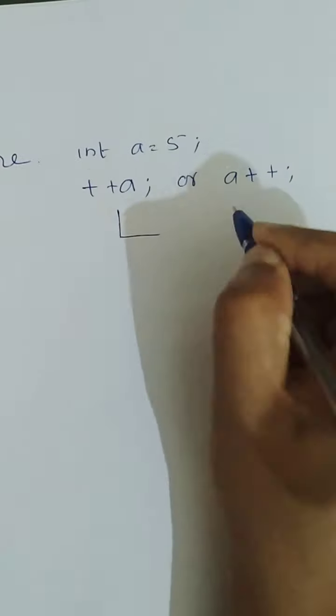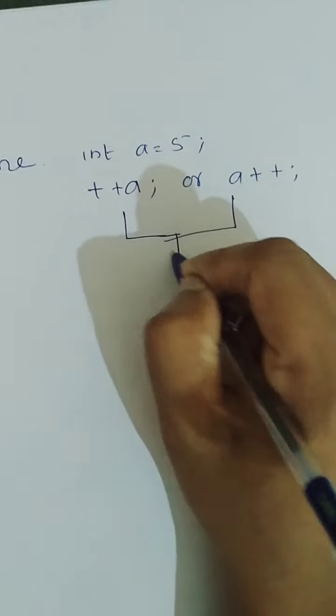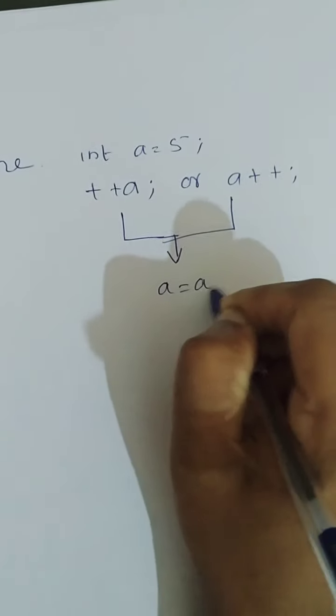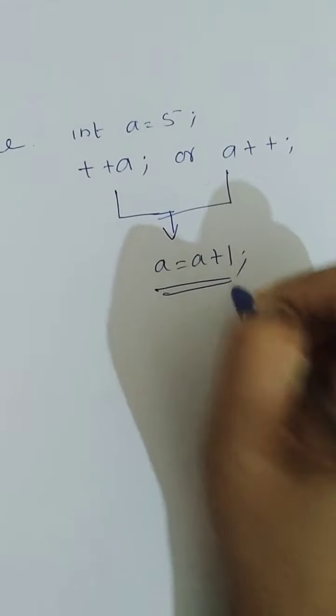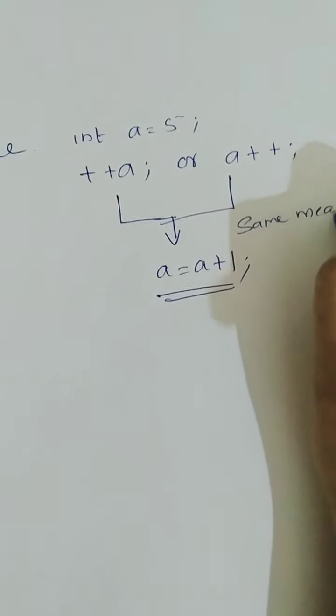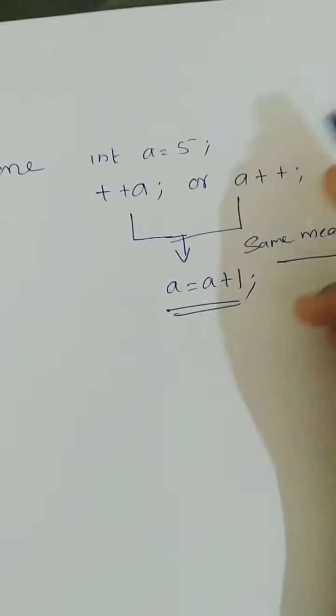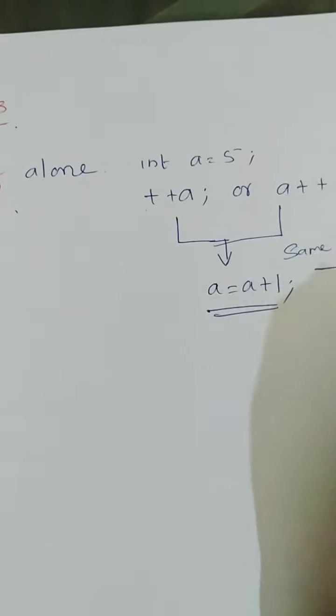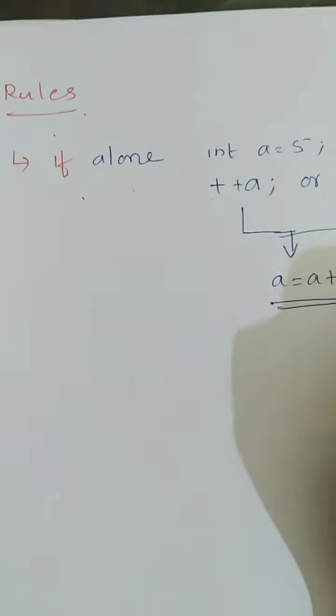Both have the same meaning, that a is equal to a plus 1. If it comes like this, ++a or a++ simply alone, then it has the same meaning, a is equal to a plus 1.